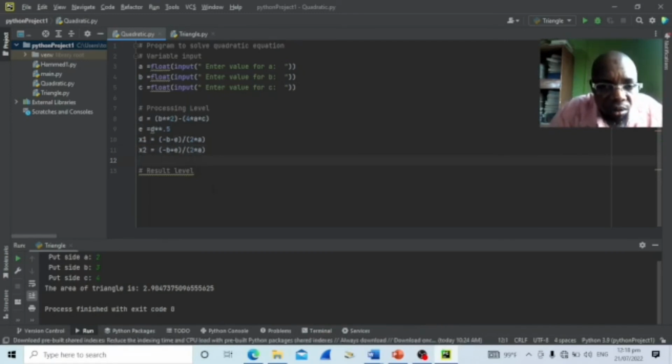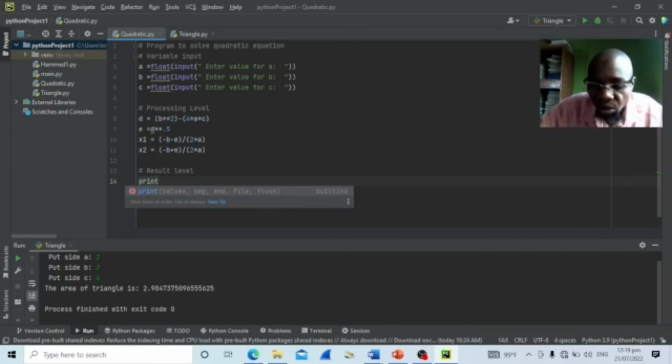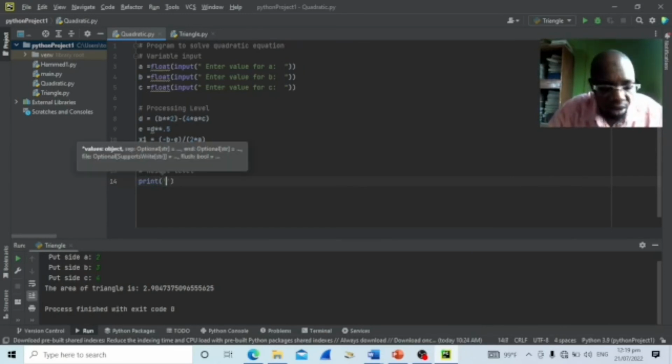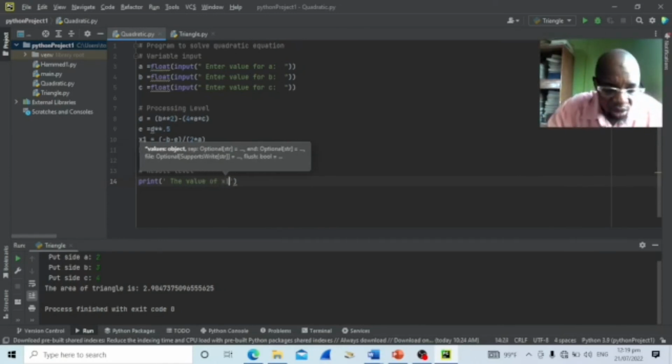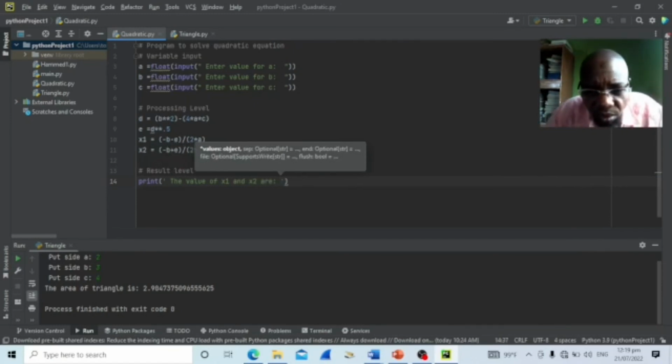So the next thing now is our output. In output, we are going to use print, open bracket. Then we say the value of x1 and x2 are, colon.